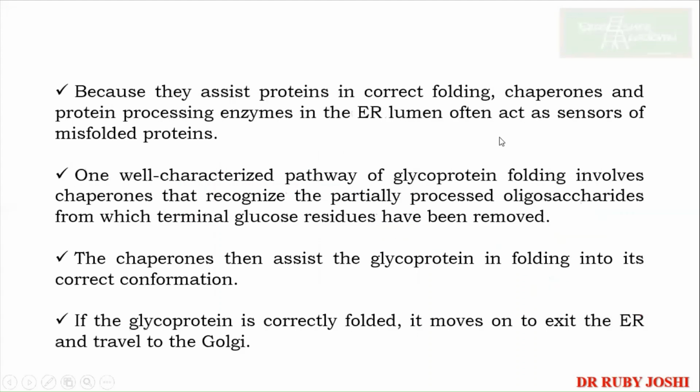Now, because they assist proteins in correct folding, chaperones and protein processing enzymes in the ER lumen often act as sensors of the misfolded proteins. For example, in the previous lecture we talked about the BIP proteins, which are nothing but chaperones. They help in the proper folding of the proteins.